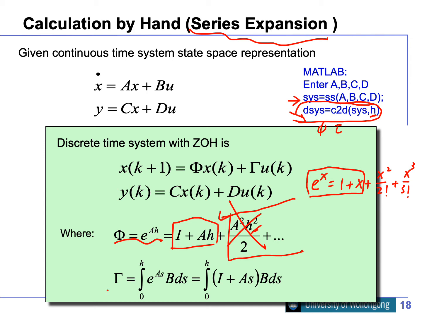And gamma is the integration of e^(As). Again, we have already approximated e^(As) with I plus As. Then we can do this calculation. So there's no more power of matrix. It's just multiplication and integration. So relatively simple.